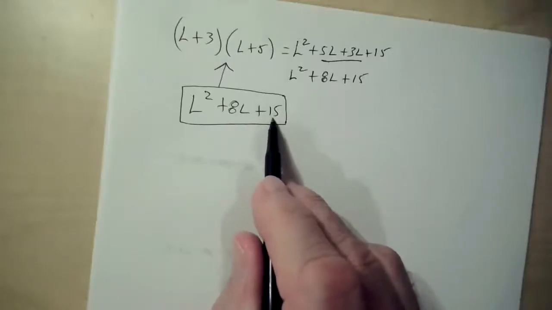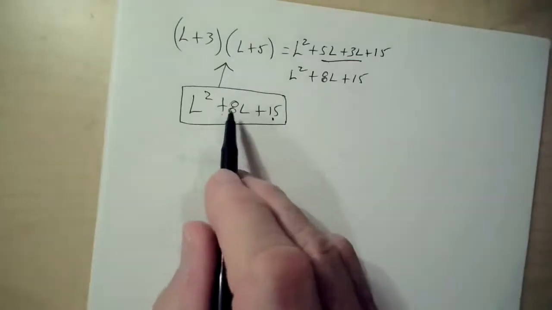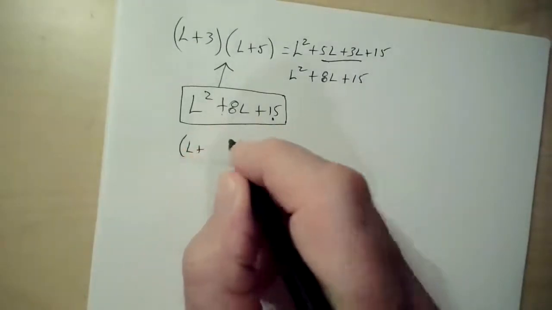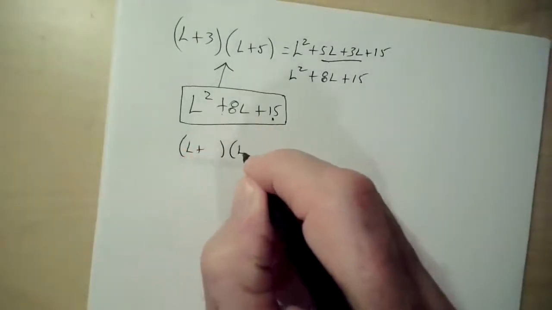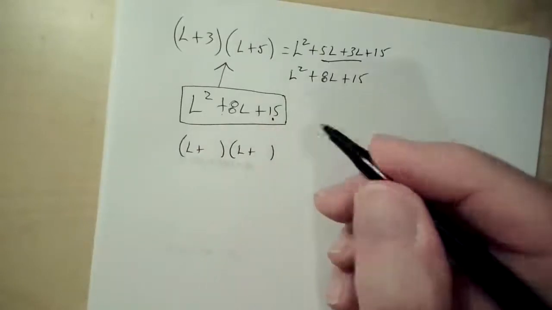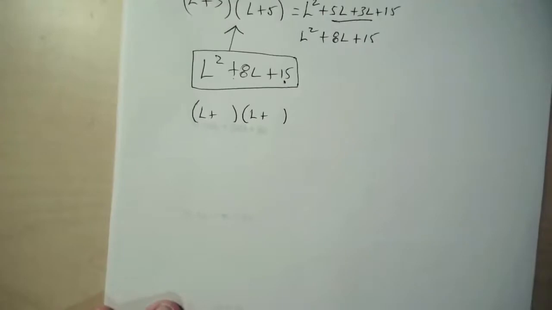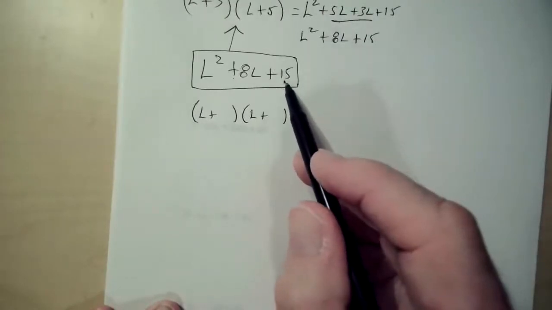Oh, okay. Now look, what we want to do is factor 15. We want to factor the constant. Now look, everything in here is positive, so it's going to be L plus something and L plus something. Now don't worry about it. If this doesn't make any sense right away, we're going to do so many of these that it'll make your ears bleed.